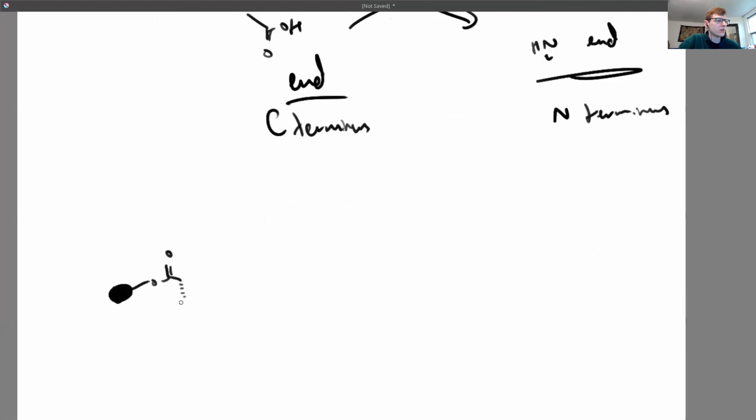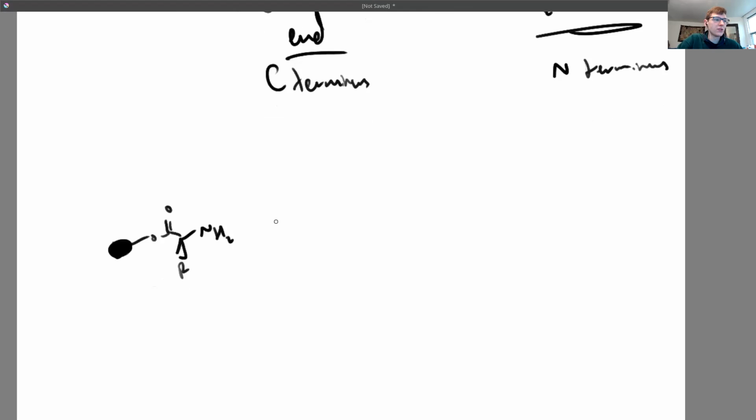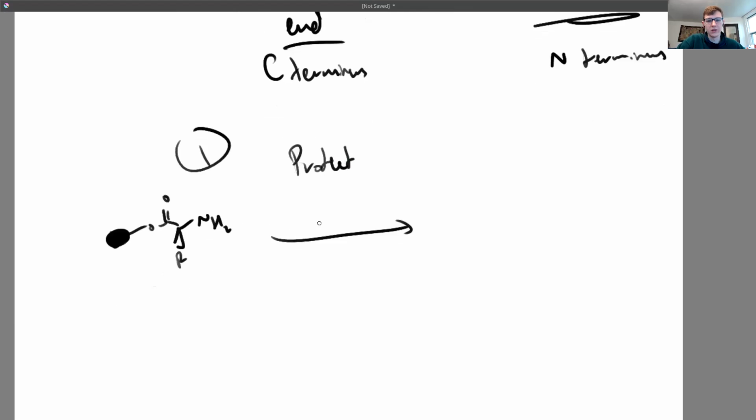So for stereochemistry, this should be pointing out like this. And so you have a free amino group hanging off, and you want to protect it. So step one is to protect it. You could often use FMOC chloride.